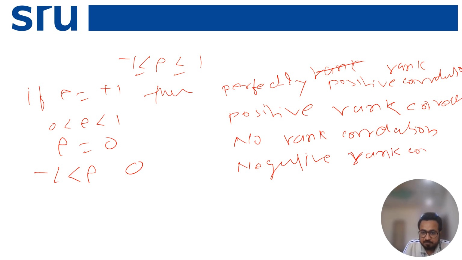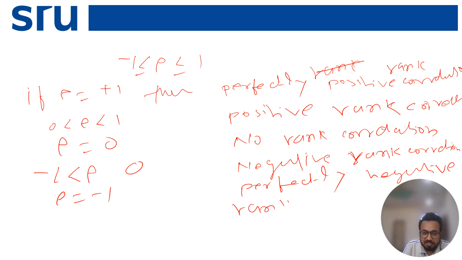And if rho equals minus 1, then it is perfectly negative rank correlation. So now we have discussed the range of the Spearman rank correlation coefficient.